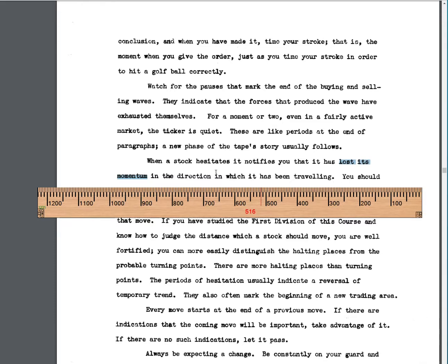In the direction which it has been traveling. So you have green, green, green, then red, then green, then red. Uh-oh. What's going on? It's hesitating to go higher. It goes up one green, followed by red. Goes up another green, followed by red. That is the lack of follow through.